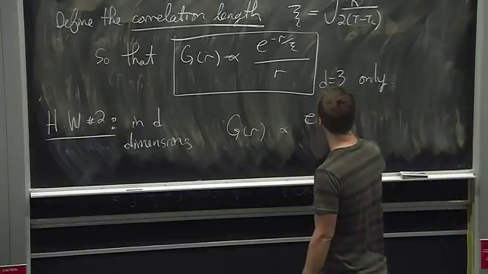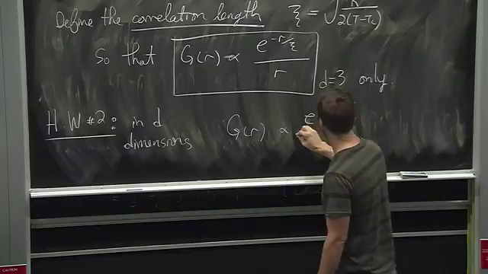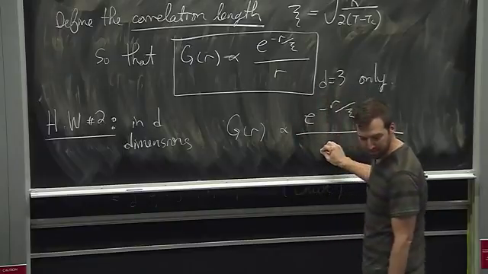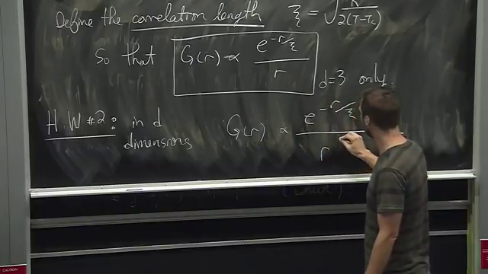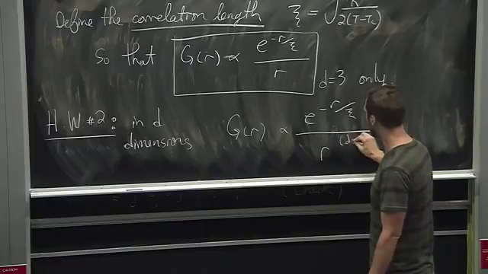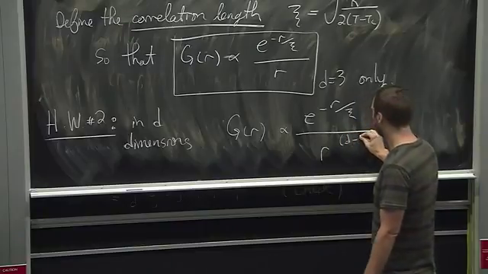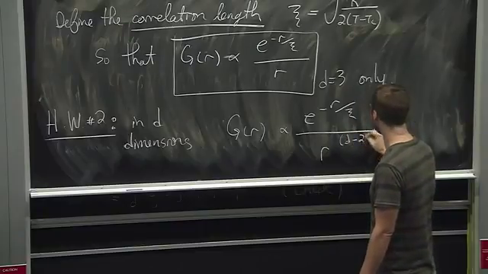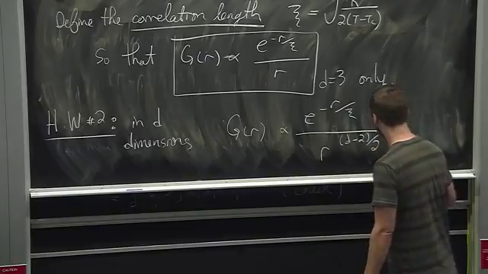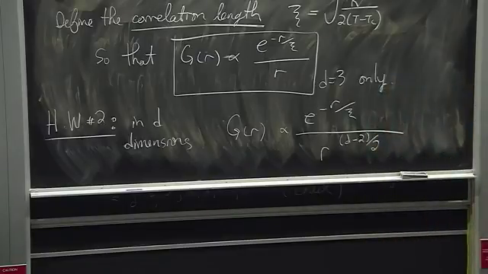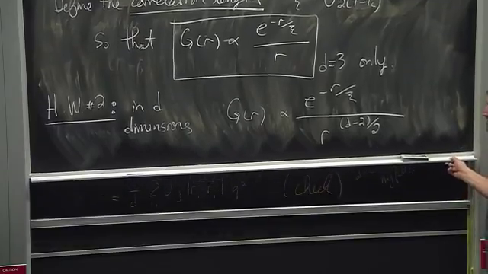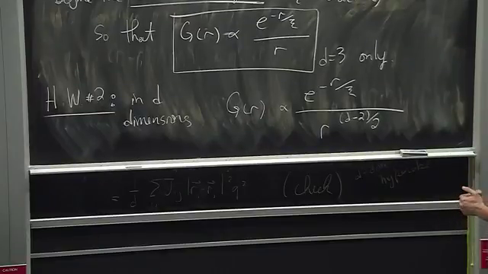So it's going to go e to the minus R over xi, and the prefactor is going to be D minus 2 over 2. There's another exponent, the anomalous dimension, but I'll talk about it later.